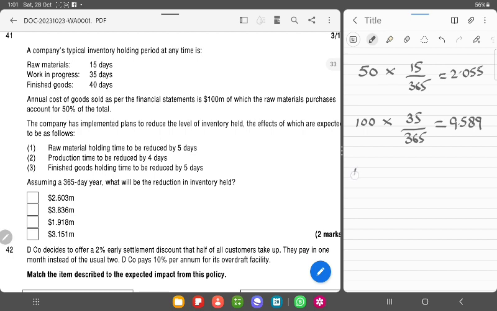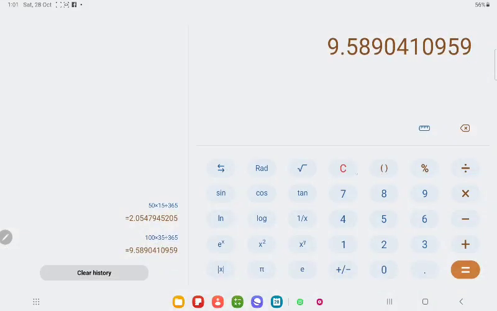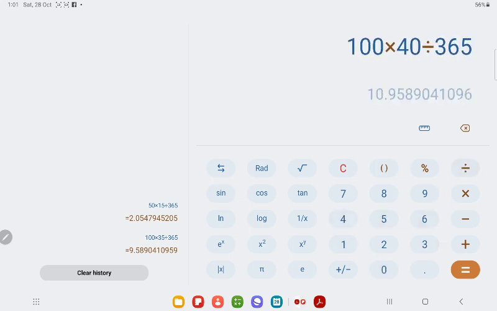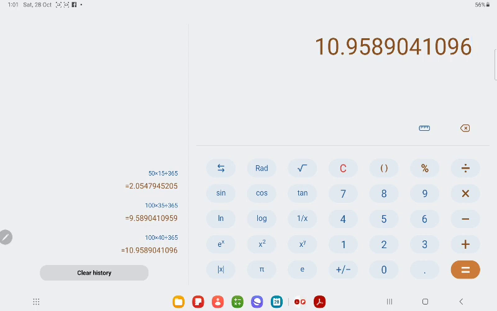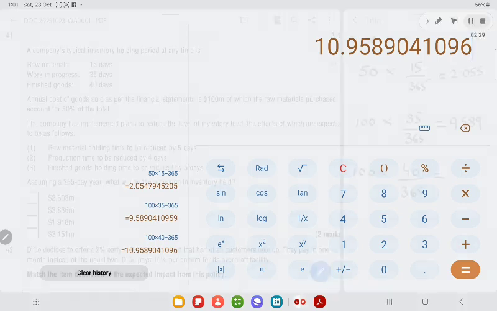And as far as finished goods is concerned, it is 100 million multiplied by 40 days of finished goods inventory holding period, divided by 365 total, and this will be 10.958 or 959.